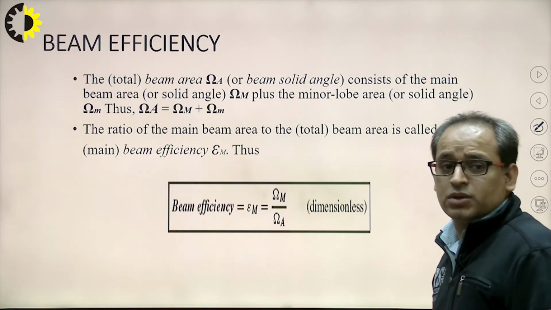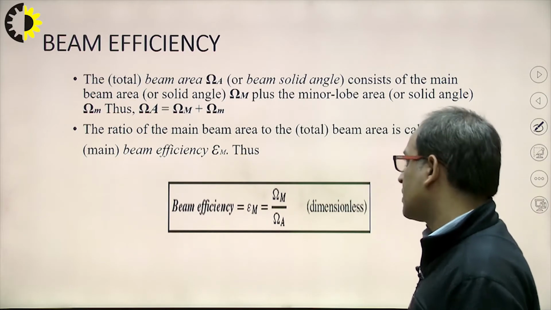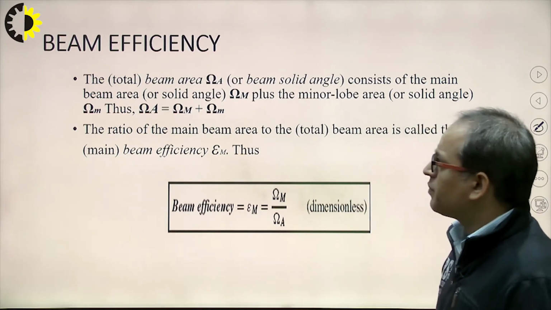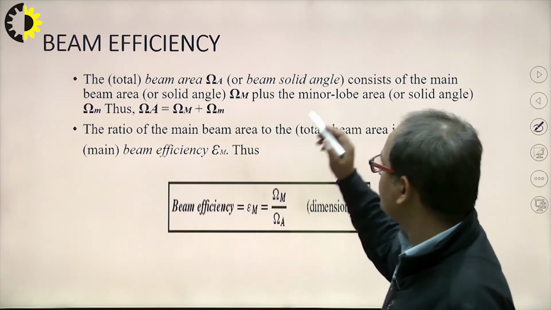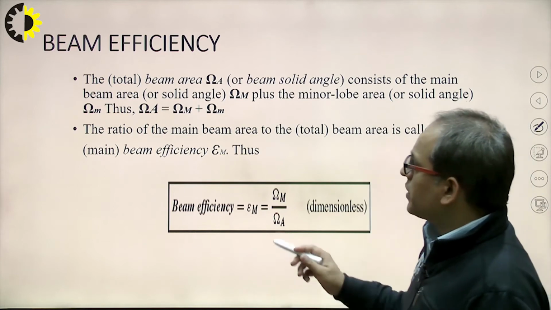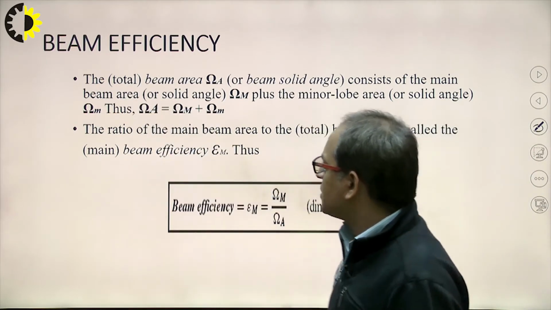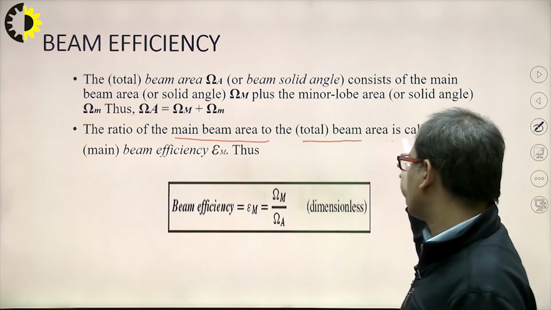The next term is the beam efficiency, a parameter we find from the radiation pattern. Clear? Beam efficiency is the ratio of the main beam area to the total beam area.